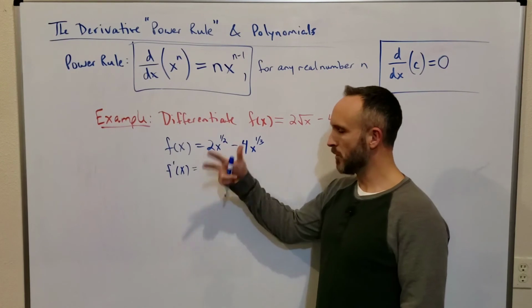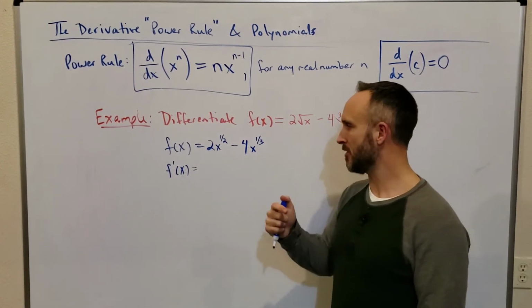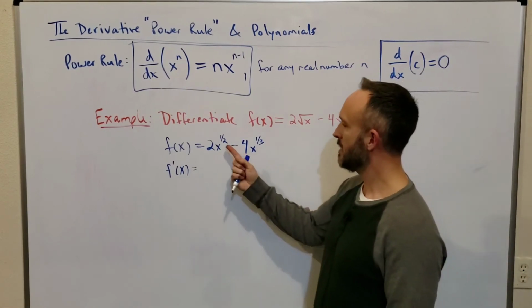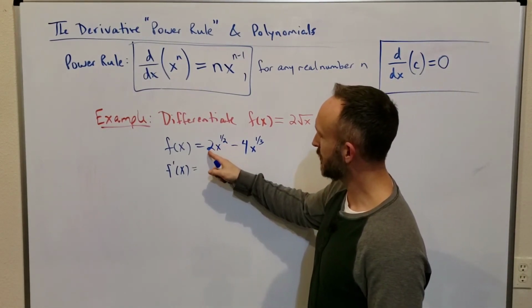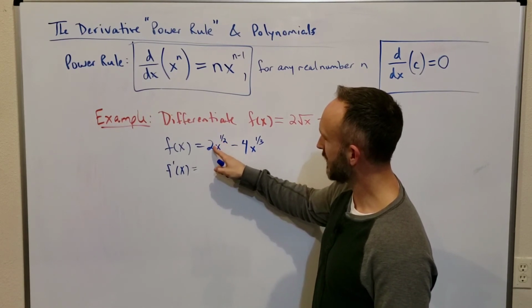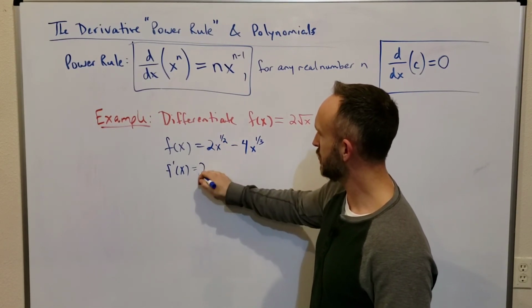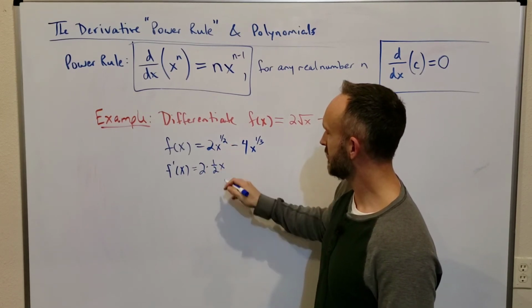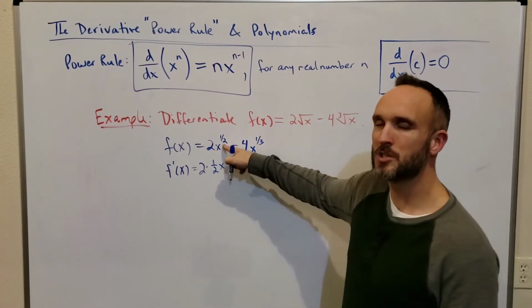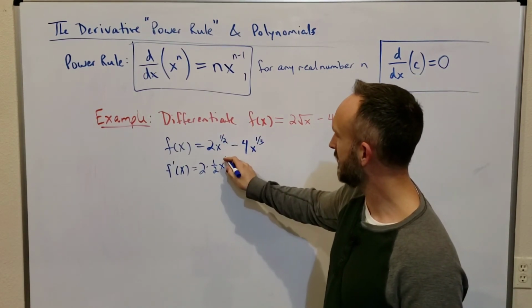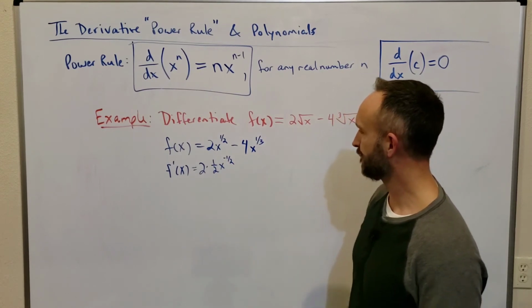So rather than showing all those unnecessary steps we had before, they were necessary then so you could get comfortable, but now we're just going to skip over the constant and jump right to the function. So I'm going to take my 1/2 down to the front. So I've got 2 times 1/2 x, and then my exponent lowers by 1. If I subtract 1 from 1/2, I get negative 1/2.